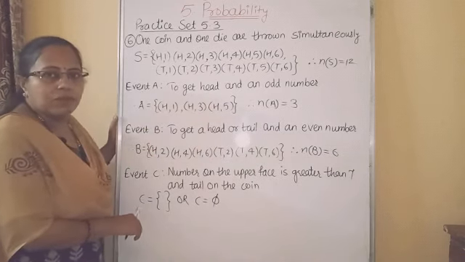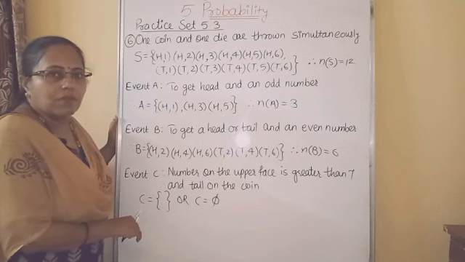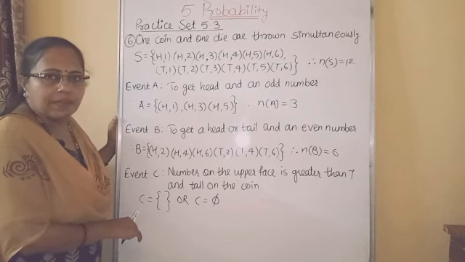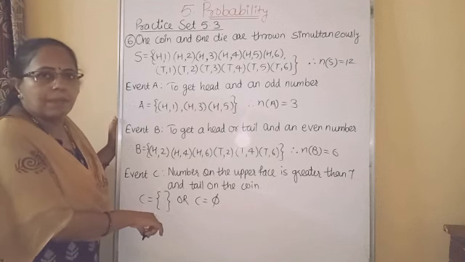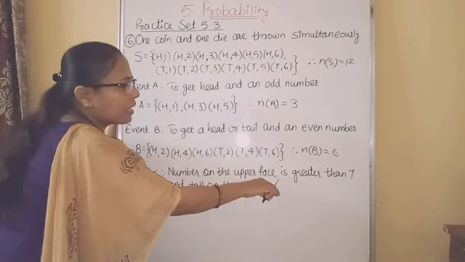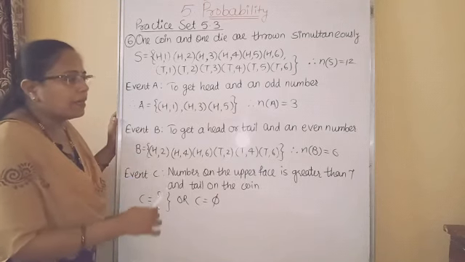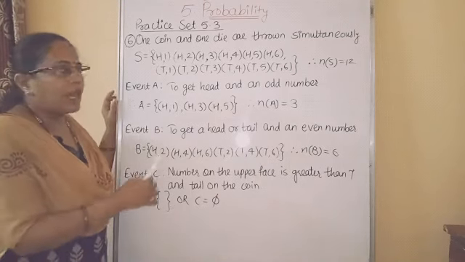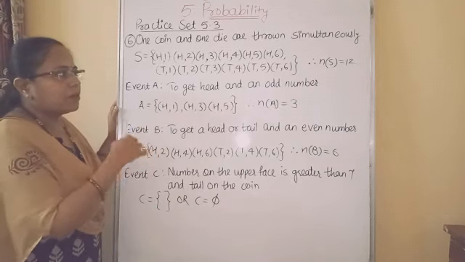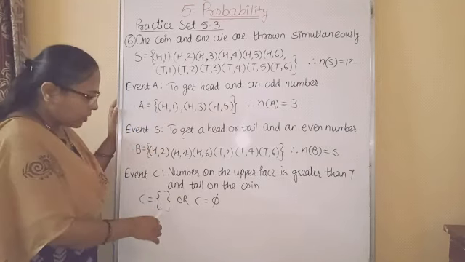This definition you studied in 9th standard. What is the meaning of null set or empty set? If there is no element in that set, then it is called an empty set. And here they gave the condition that we require a number greater than 7. On a die we have only up to 6. We don't have a number greater than 7. So it is impossible.